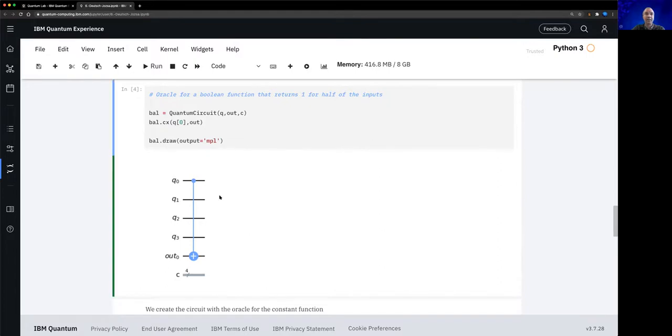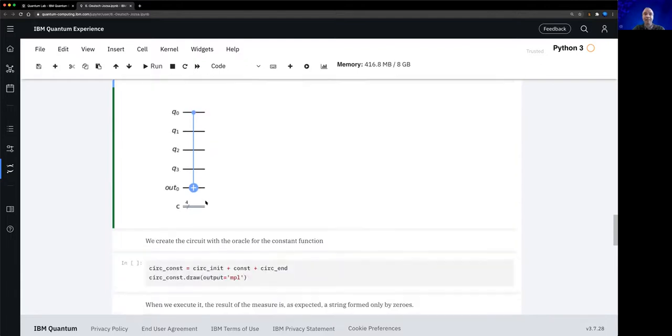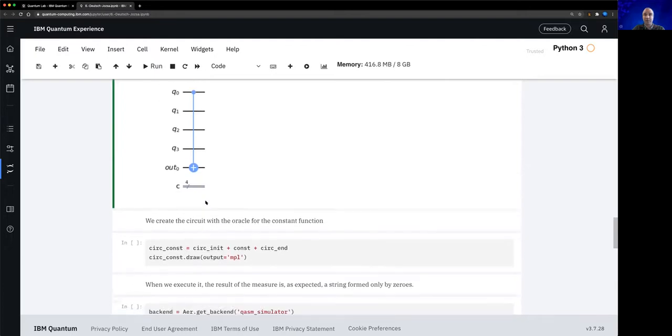But in this case, I'm just using a C-NOT gate, and the effect is that if Q0 is 1, then this is going to be flipped, and if Q0 is 0, nothing is going to happen. Again, Q1, Q2, Q3 have no influence on the result. So half of the times, the result is going to be 1. Half of the times, the result is going to be 0. So this is exactly the balanced function that we wanted.